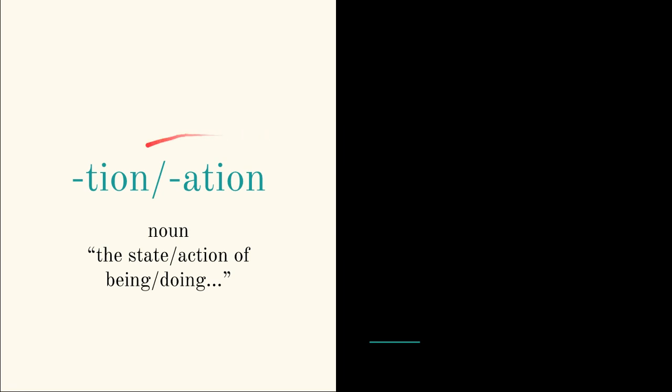Okay, two suffixes. There are only two of them, and they are ones that we've looked at before, and they have to do with parts of speech. So tion or ation, it turns things into a noun. It's like the state or action of being or doing something, but what you need to remember is that it turns it into a noun. So we've got participation.